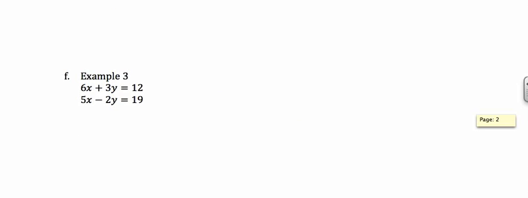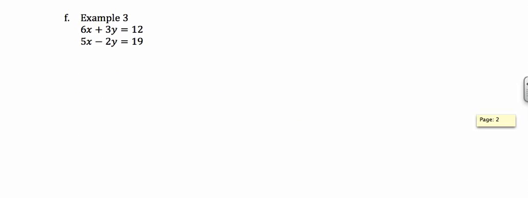Last one. This time I'm going to get rid of x's, not because it's easier, but because I want you to see what happens in a situation where you don't have a positive and a negative on one of your variables. If I were to really want to get rid of x's, the problem is they're both positive, so I can't just multiply by 5 and 6. That'll get them both to 30, but I need one of them to be 30 and one of them to be negative 30.